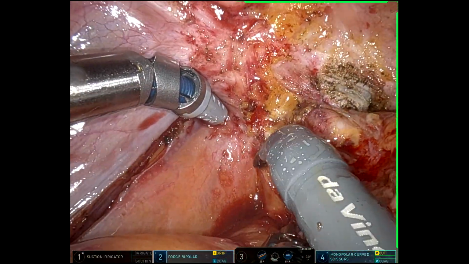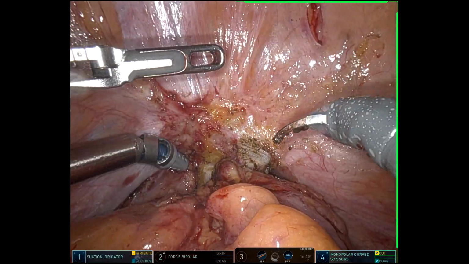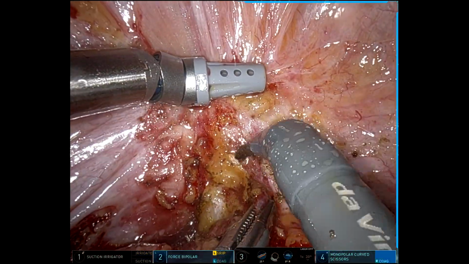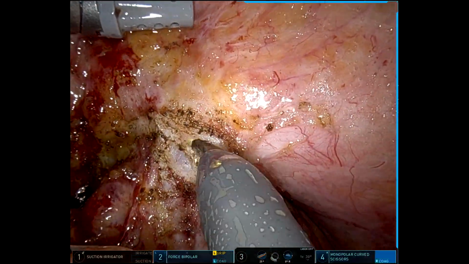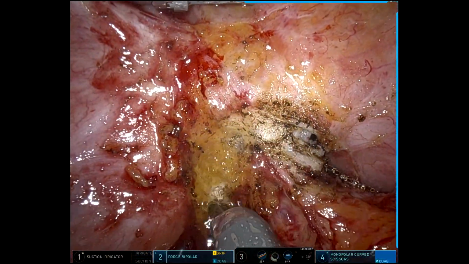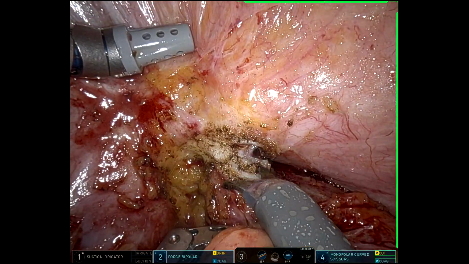Right here, I believe, is the actual fistula tract, and I'm just trying to cone in on it because you can see how close that left ureter comes to where my suction device is. Right there is the hole into the fistula.